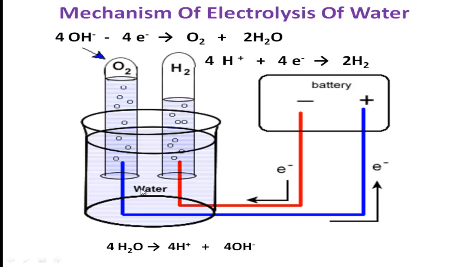But if you use some amount of sulfuric acid, it increases the dissociation of water into hydrogen ion and hydroxyl ion. That means in acidified water there is more hydrogen ion and hydroxyl ion. So for this we have to use some sulfuric acid inside the water.